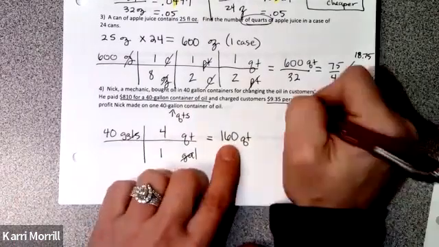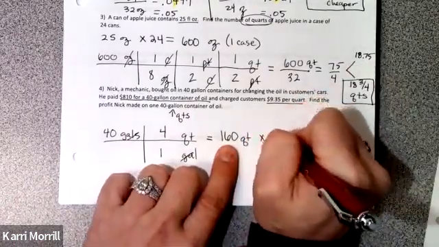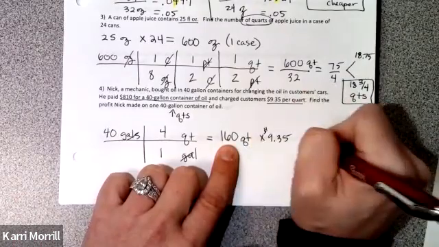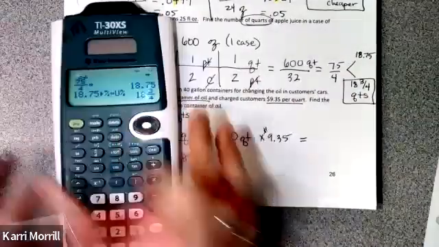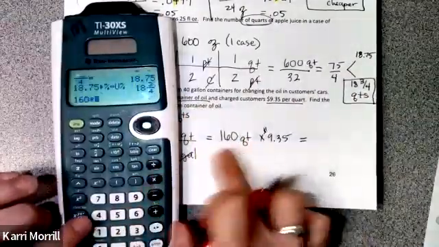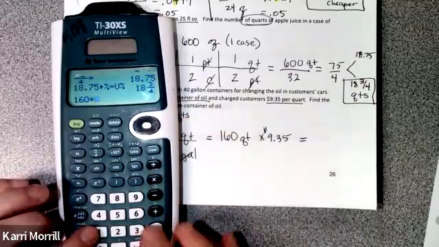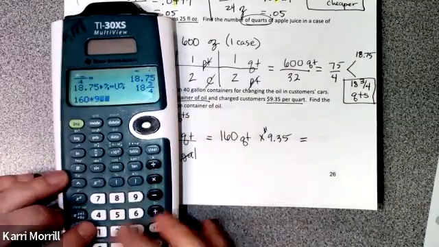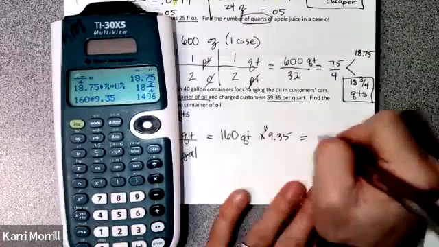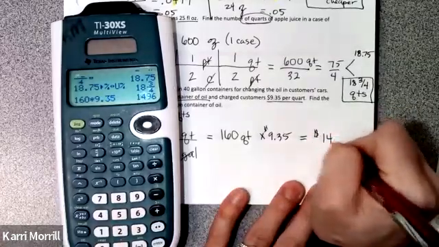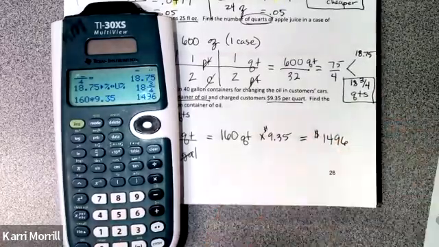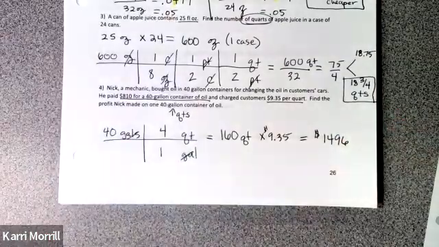And he said he's going to charge $9.35 per quart. So we could say in the end, if he sold the total 160 quarts for that, he would have taken in $1,496, but is that his profit? No, that's how much money he collected.